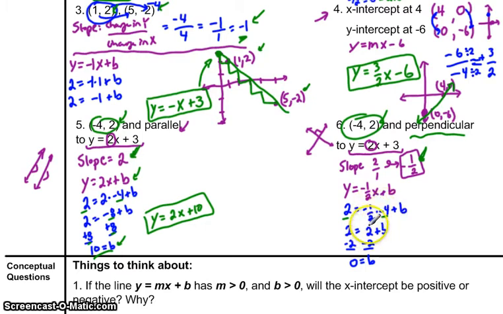Remember, half of 4 is 2, and negative times negative is a positive, so positive 2 plus b. I then subtracted 2 from both sides. 2 minus 2 is 0, so b equals 0, which leaves me with the equation y equals negative 1/2, remember that's the slope, x plus 0, or better yet, y equals negative 1/2 x. And I'll leave it there because 0 is not really going to change the value of my equation, so I don't even need to write it.